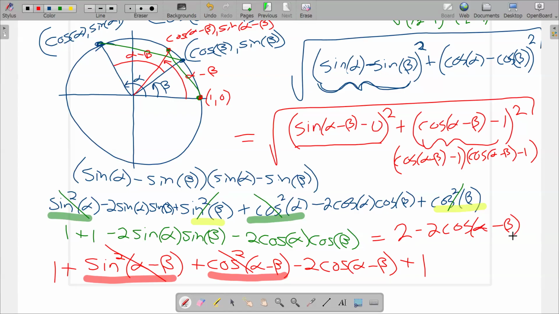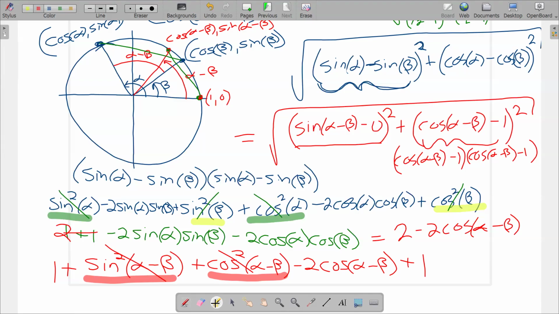Over here, I've got the 1 plus 1, which is also a 2. Everything has a 2 in it. We could divide everything by 2. All right, let's do that. Oh, wait. And then there's a plus 2 on each side. Can I subtract that away? There's lots of interesting things here.